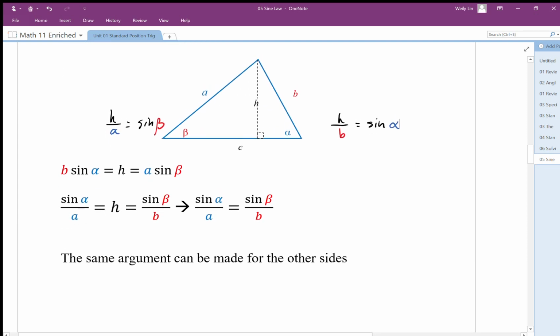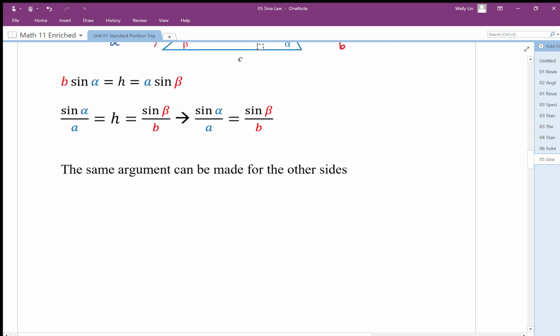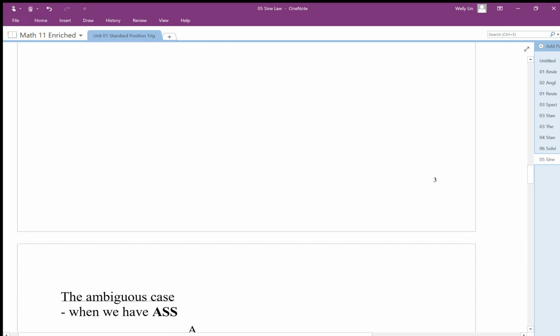So this is why the sine law works. Basically, we start with this calculation for the height, and we can see that we can calculate the height from this perspective, from the left-hand triangle. We could do the same thing from the right-hand triangle, and then just doing a little bit of algebraic rearrangement, we can come up with our sine law ratio. Okay, so this is why it works. And in fact, this is a proof of why it works.